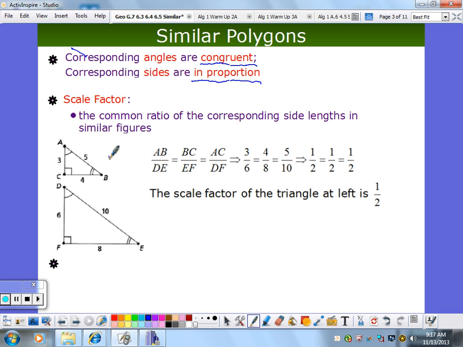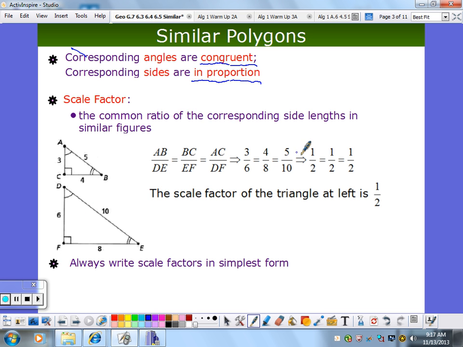AB to DE is 5 to 10, BC to EF is 4 to 8, 3 to 6. Now if you reduce all these, they're all the same value, 1/2. So I get the same scale factor for all the corresponding sides. That means they are all in proportion. Since the angles are congruent and all the sides are in proportion, I can now conclude that the two triangles are similar.